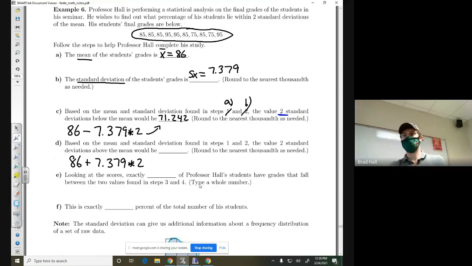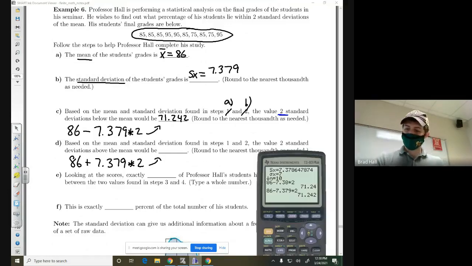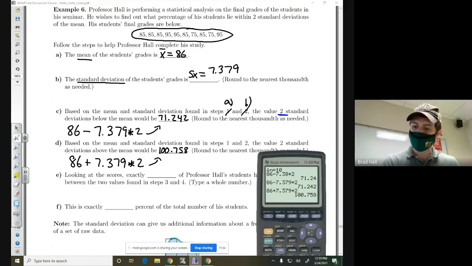So 1 standard deviation is 7.379, and then times 2, because we're applying this twice. And whatever that value is, 86 plus 7.379 times 2. 100.758.